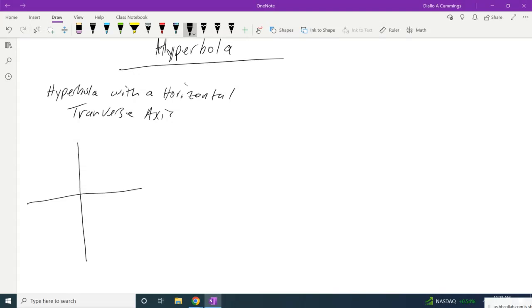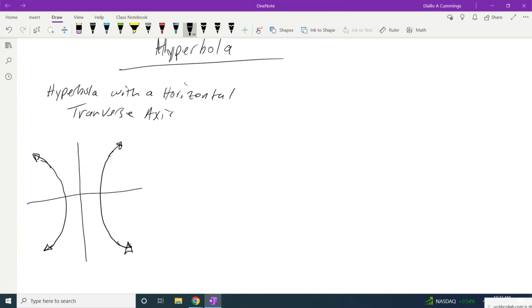And for a hyperbola with a horizontal transverse axis, our graph looks like this.